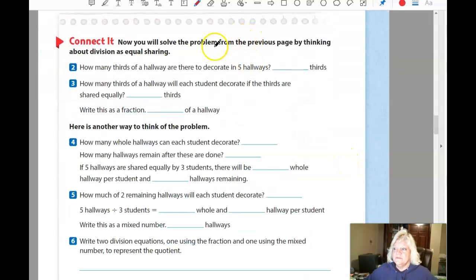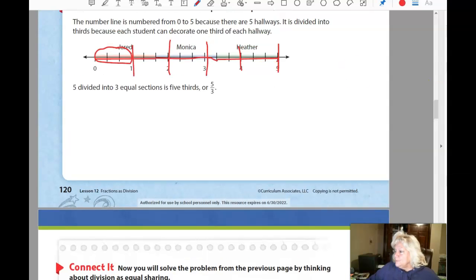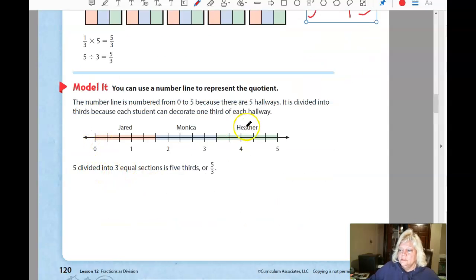Okay. Now you will solve the problem from the previous page by thinking about division as equal sharing. Remember, everybody has to have those equal parts. How many thirds of a hallway are there to decorate in the 5 hallways? Well, I probably need to erase my marks from before. So my 5 hallways, and I divided each one of them into 3 because there are 3 kids. So we're going to count how many sections there are all together. 1, 2, 3, 4, 5, 6, 7, 8, 9, 10, 11, 12, 13, 14, 15.